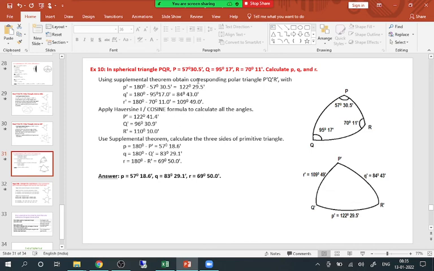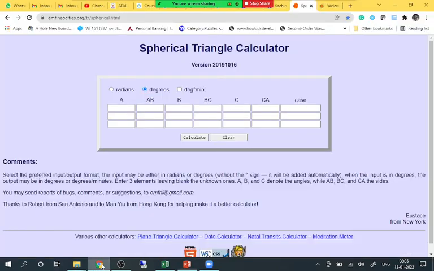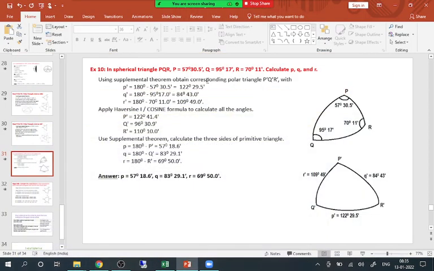57 degree button, 30.5 minute, and then equal, and then I will take shift and then the same button. I get 57.51 degree. So that is the angle. But now you see the notations are capital PQR.